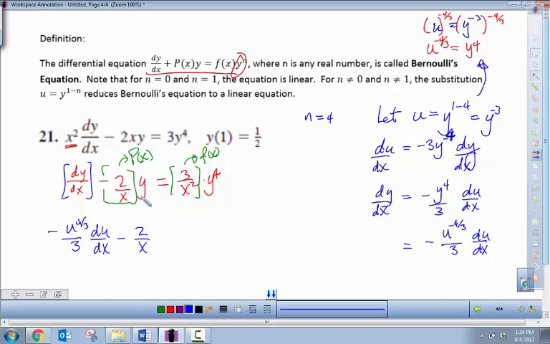What's y equal to again? U to the negative 1/3 power. Equals 3 over x squared, and what's y to the fourth equal to?